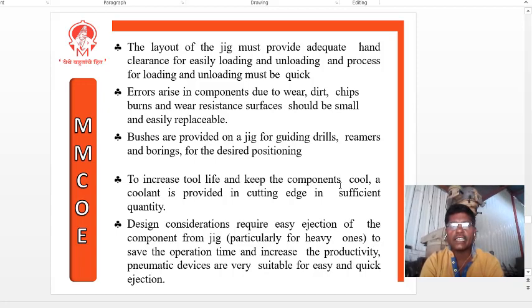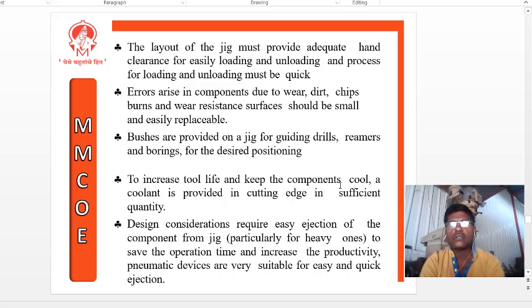Errors arise in the component due to wear, dead chips, and burrs, and wear resistant surfaces should be small and easily replaceable. Many times there will be some error of the locating pins or drilling bushes. There might be a gathering of dirt or chip accumulation on the surfaces or below the datum surface.